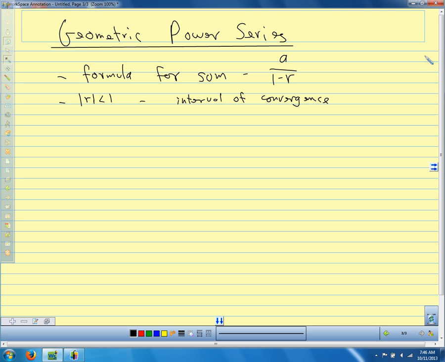So let's take a look at an example of generating a geometric power series. We want to find a power series for 1 over x, centered at 1.